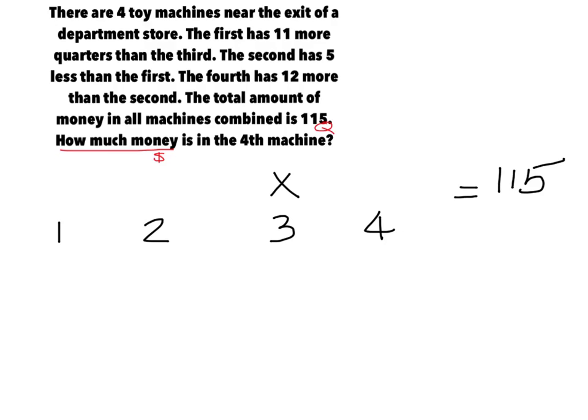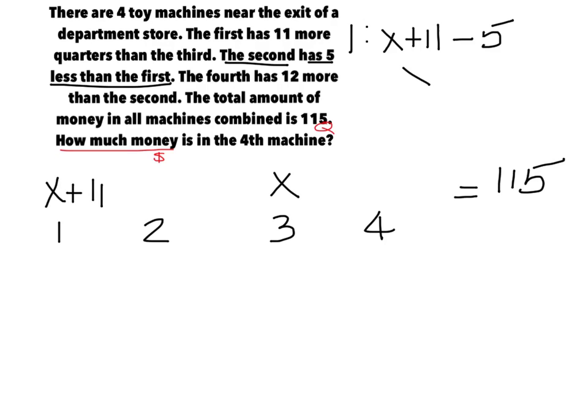And the first is 11 more than the third. What do I put for the first one? X plus 11. The second has 5 less than the first. Here's the first. And the second has 5 less. So what expression can I use to simplify that?